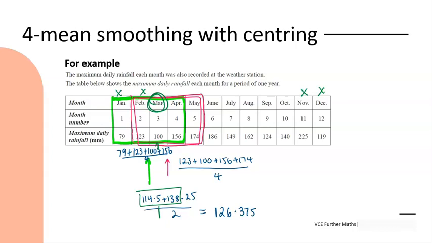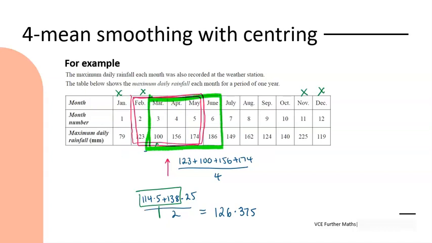126.375. I then continue my way along the table, and each time, I can get rid of that first set of working, the green there, and move along to my next group of 4.